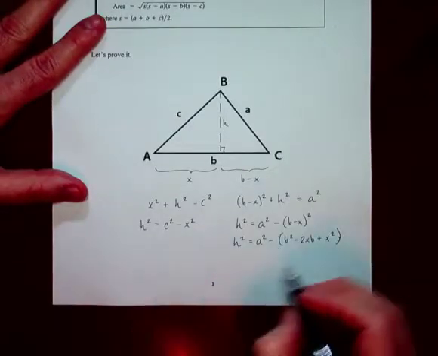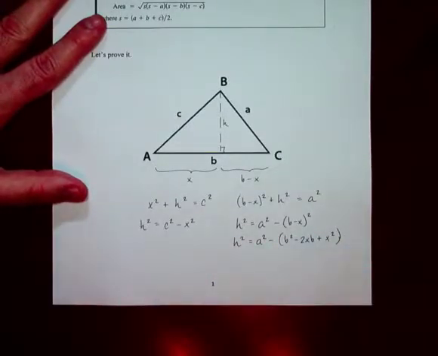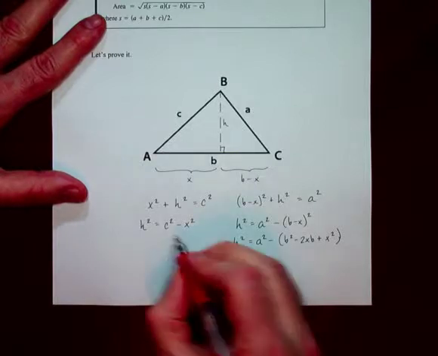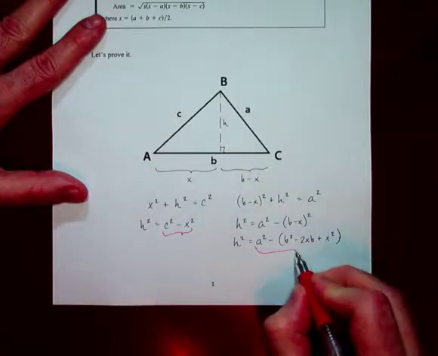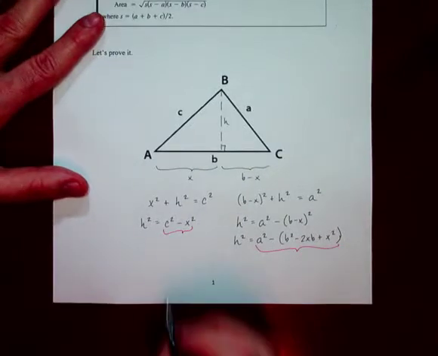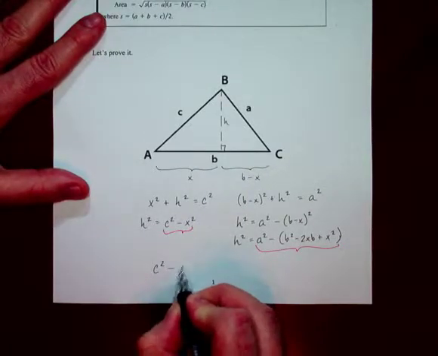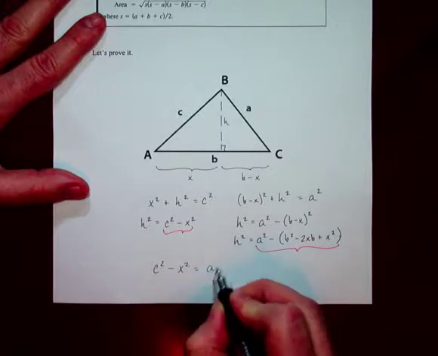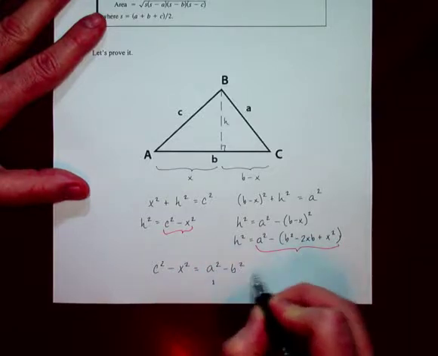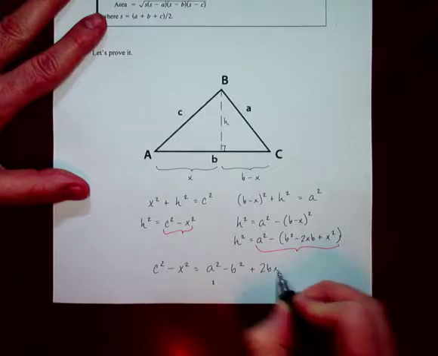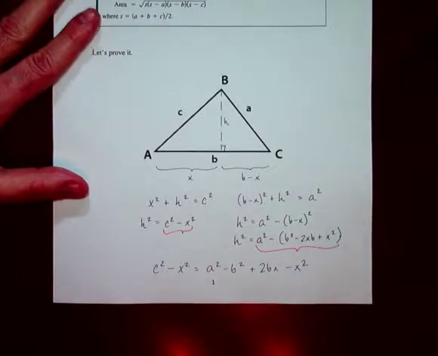And then when I set these two equal to each other, right? Since they're both equal to h squared, they're equal to each other. I'm going to get c squared minus x squared is equal to a squared minus b squared plus 2bx minus x squared.